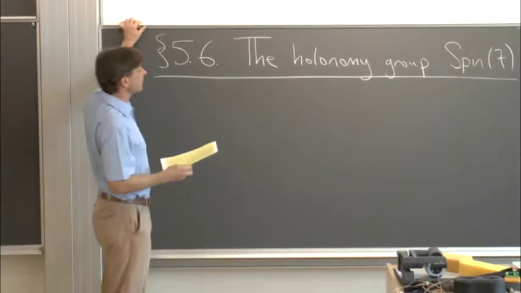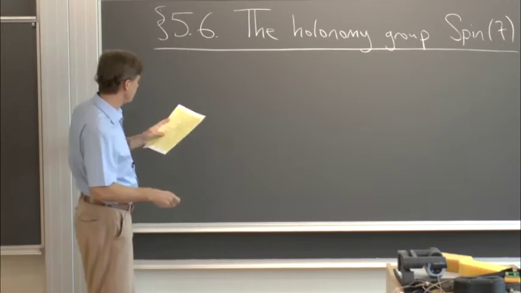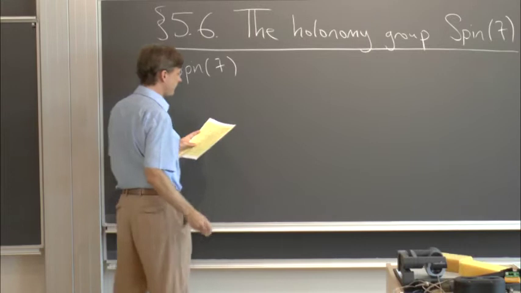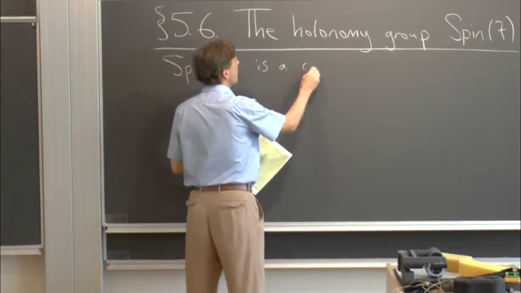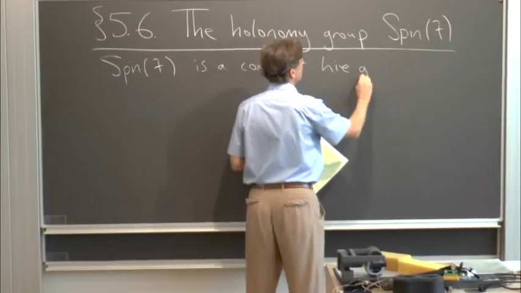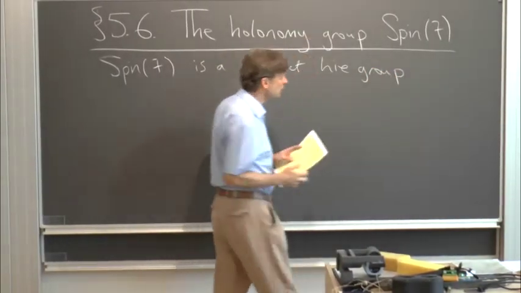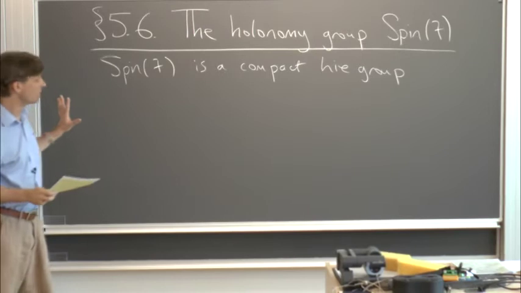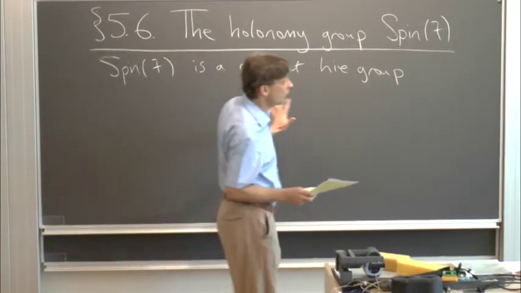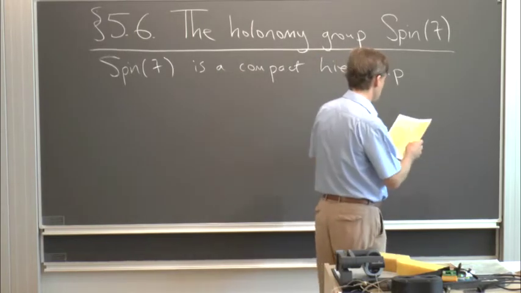Anyway, this is the second of the exceptional holonomy groups. So Spin(7) is a compact Lie group. In general, the spin group Spin(n) is a double cover of SO(n) in any n.